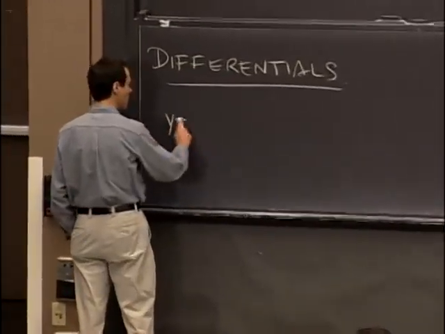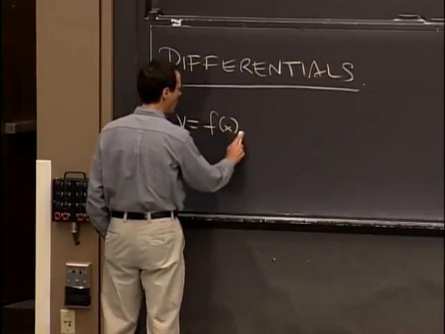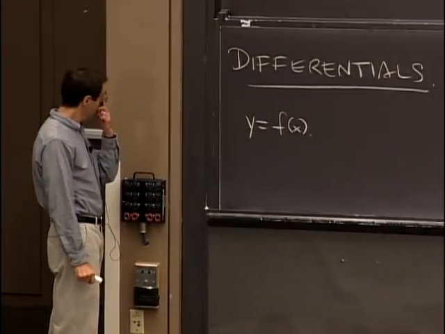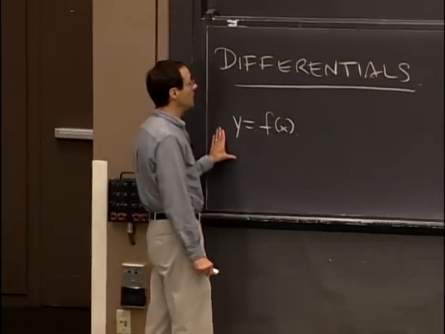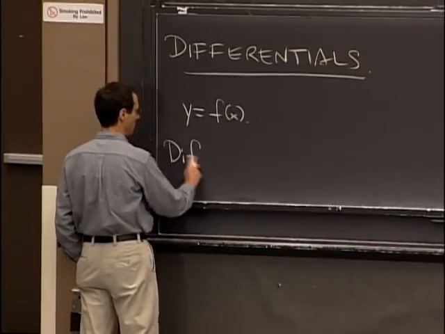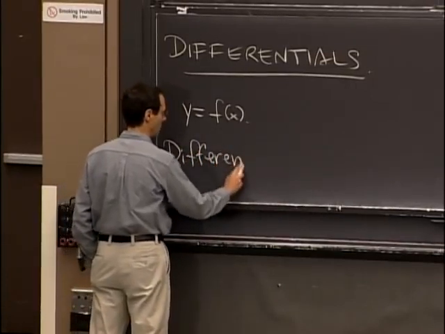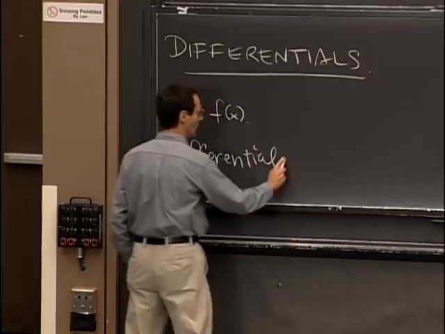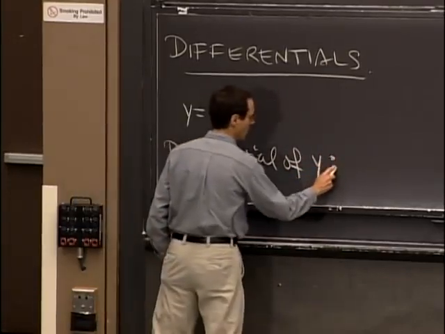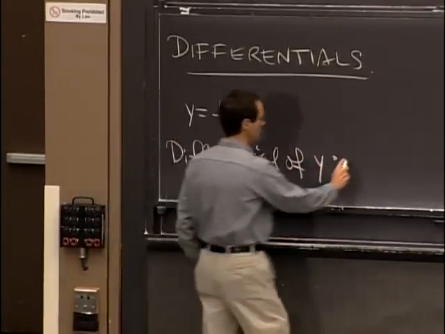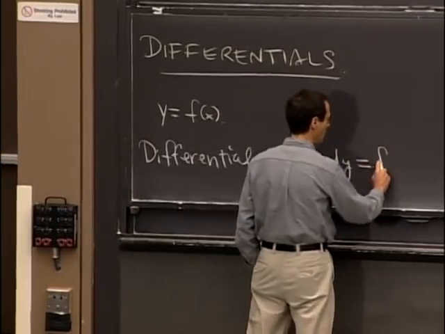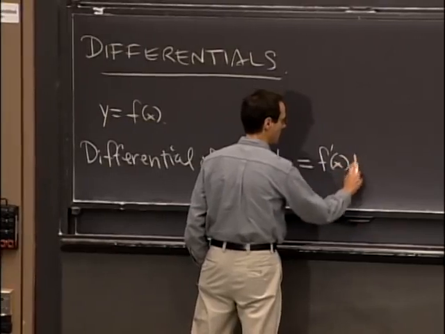If you have a function which is y equals f of x, then the differential of y is going to be denoted dy, and it's by definition f prime of x dx.